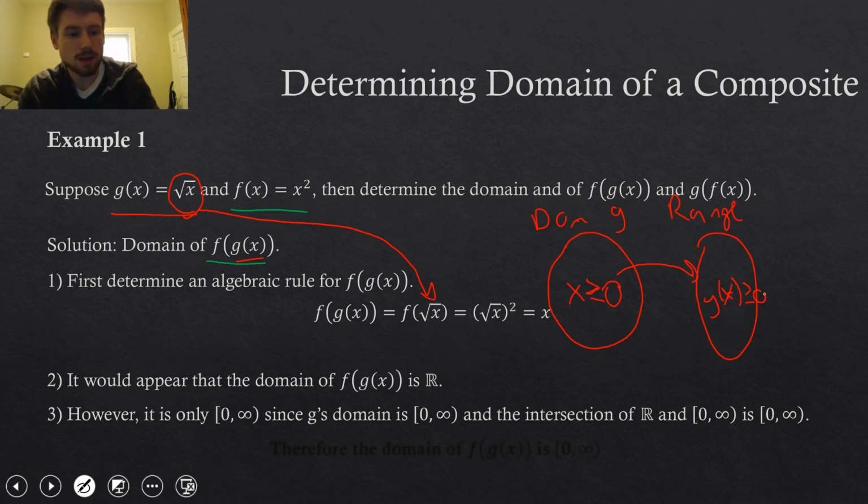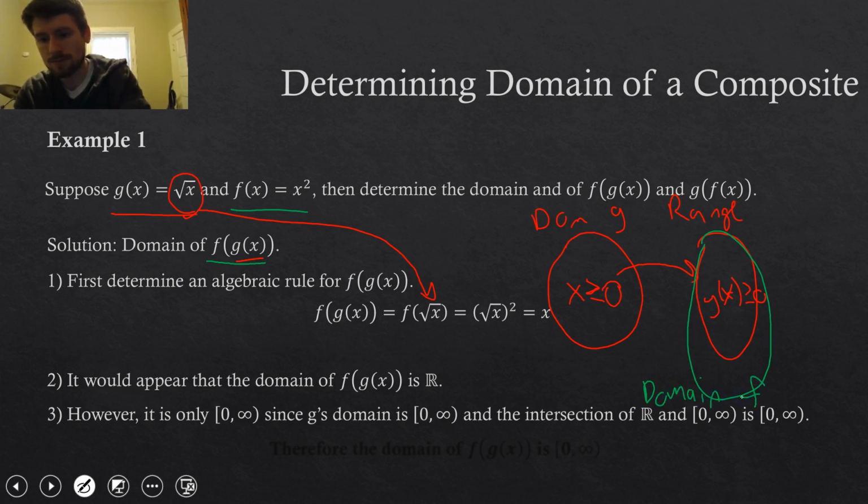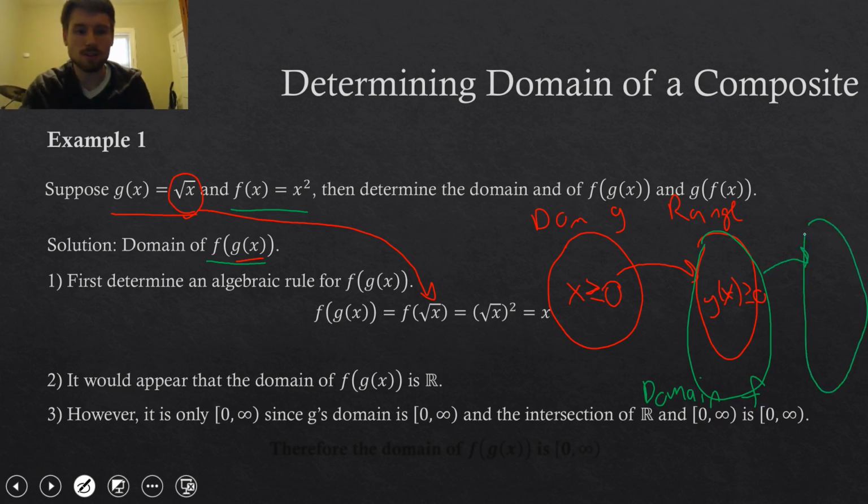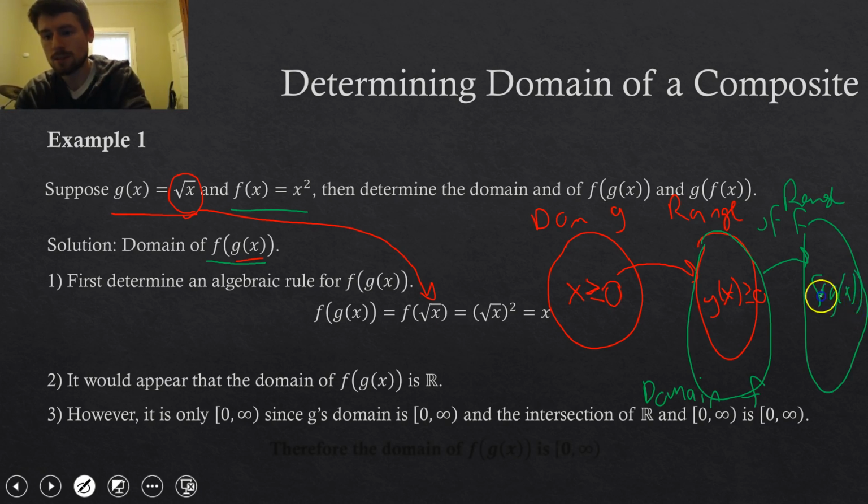And lastly, we'd be plugging those in. Here's the domain of x squared, the domain of f. And we can plug any of those numbers in because the domain of x squared is all real numbers, and we're going to get some answers out in the range of f. And so these are going to ultimately be f of g of x answers.